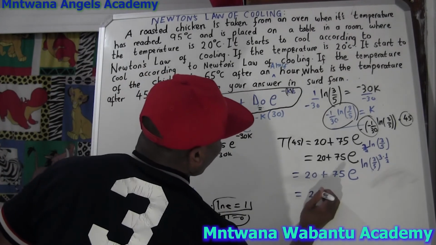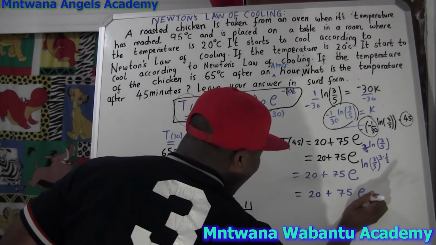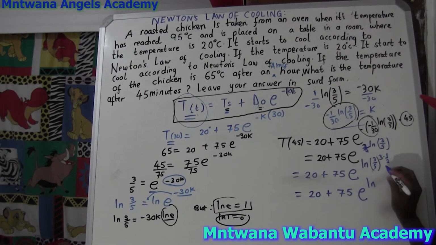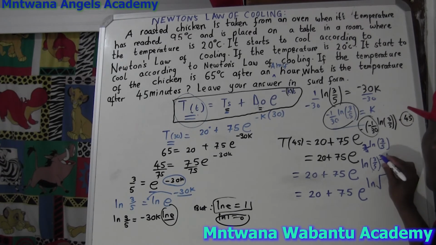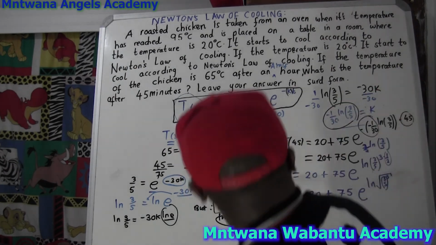So this is equal to 20 plus 75 e to the ln of the square root of 27 over 125, if I want. Or I can plug in the calculator. Remember, the power half is for both, 3 to the power 3 and 5 to the power 3, and the root comes because of this. So that's the end of the question.